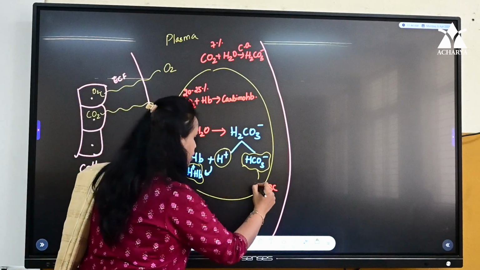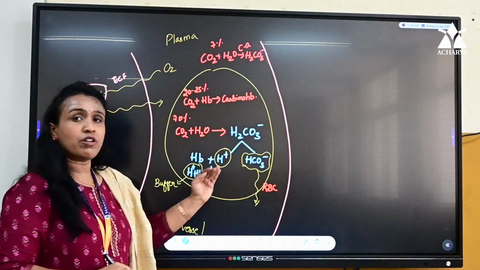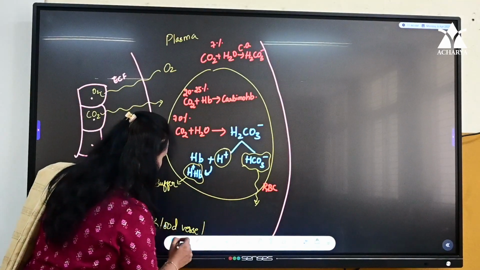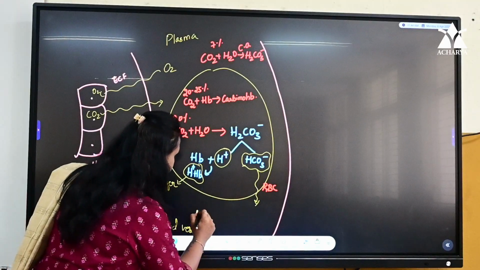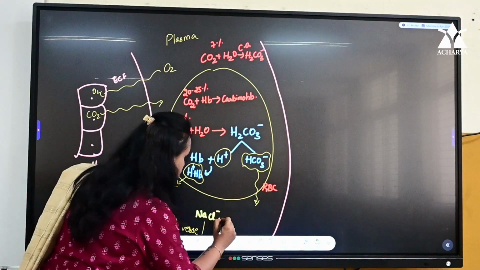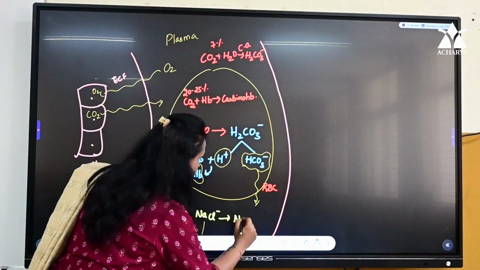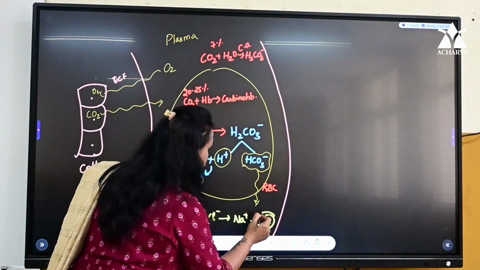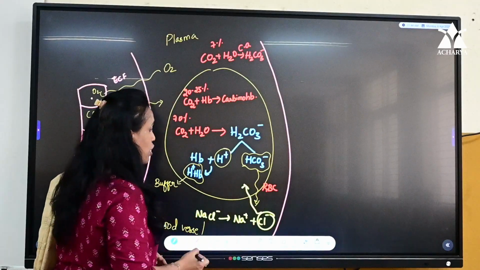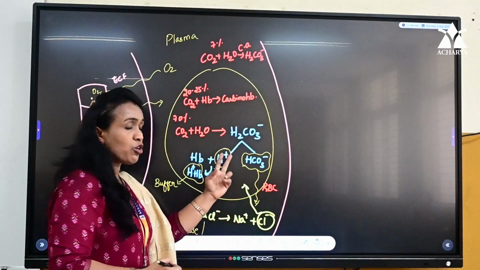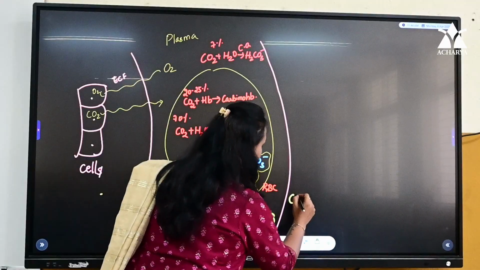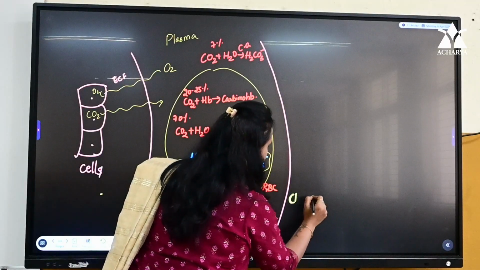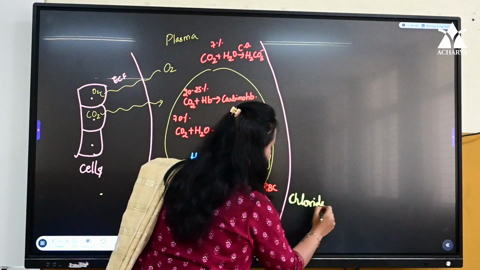Now it will shift to the plasma. Once it shifts, what happens simultaneously? There is a salt, sodium chloride, which splits into sodium and chloride. This chloride ion, being a negative ion, will move into the cytoplasm of the RBC, which we call the chloride shift.